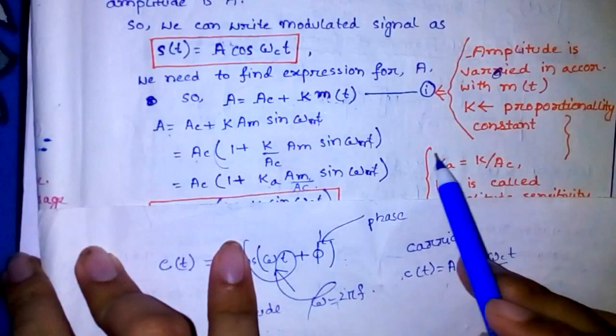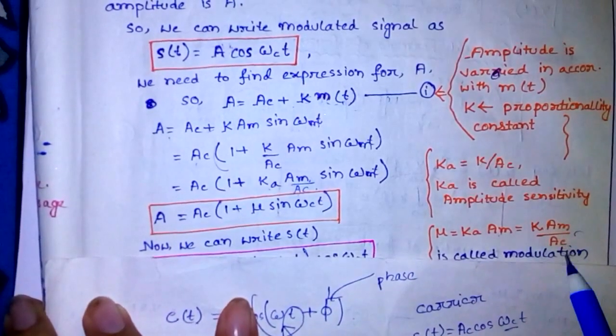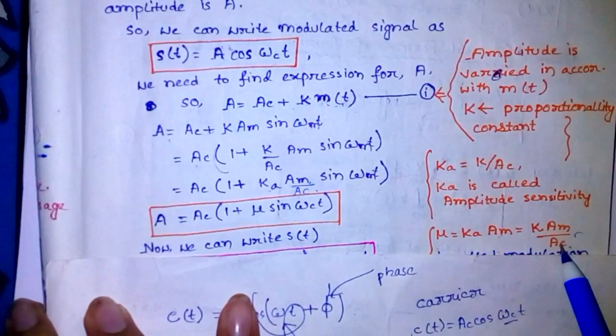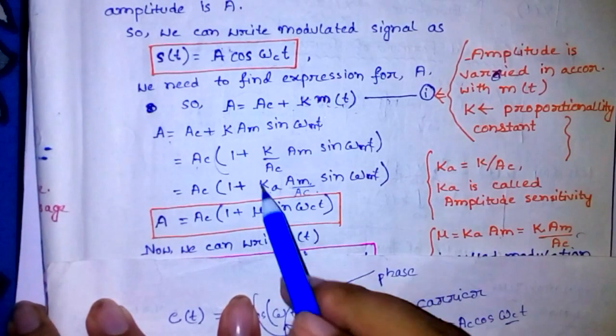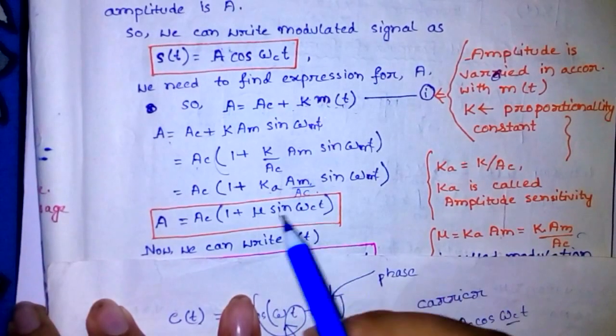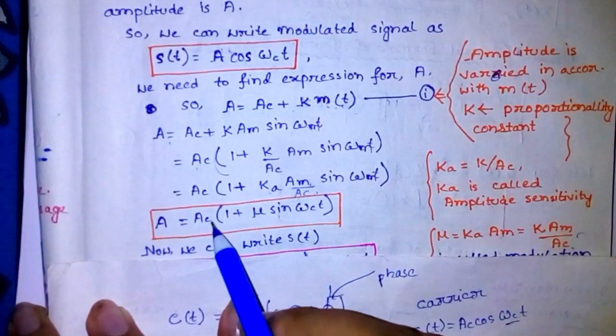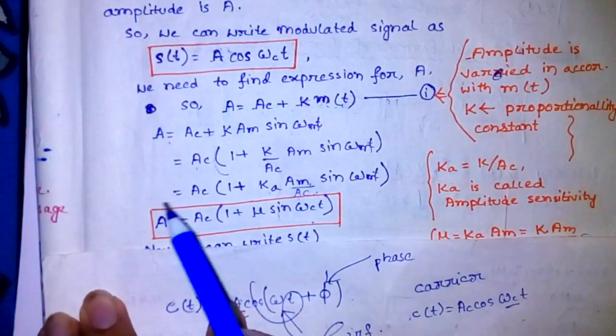This K Am by Ac is the modulation index, so we are writing it as mu. So we can put mu instead of K Am divided by Ac. So we have derived the term for A.